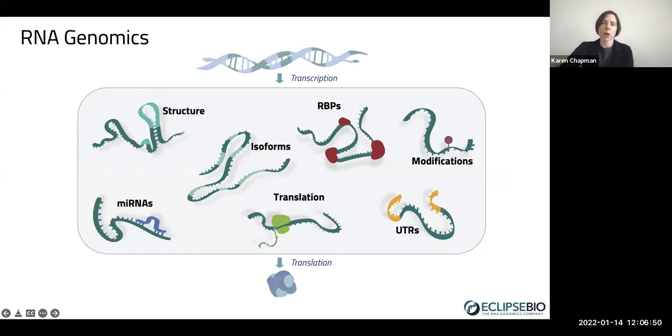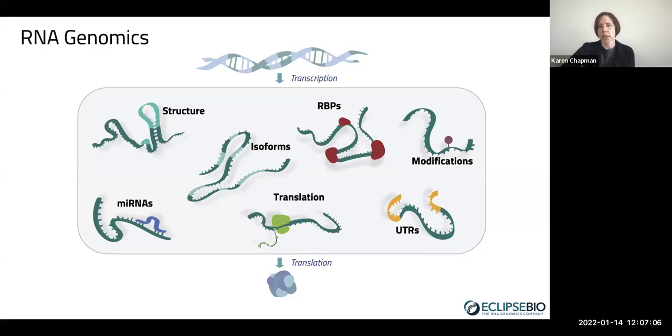So over here on the top left, RNA structure. As you're probably aware, RNA is not just a simple linear molecule. It forms complex secondary and tertiary structures in vivo, and these regulate many aspects of the RNA life cycle.